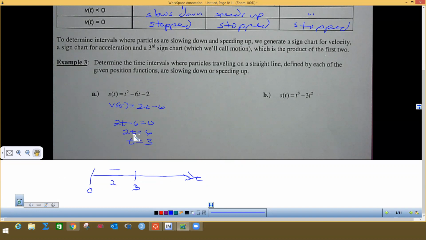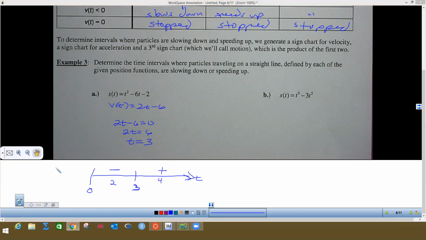Okay, and then I pick a 4. So I put 4 in here, and 8 minus 6, I'm just picking a number on this side. 8 minus 6 is 4. That's positive there. So what this tells me is the velocity is negative from 0 to 3, and then the velocity is positive from 3 to infinity. So that is supposed to tell me that the object is moving left.